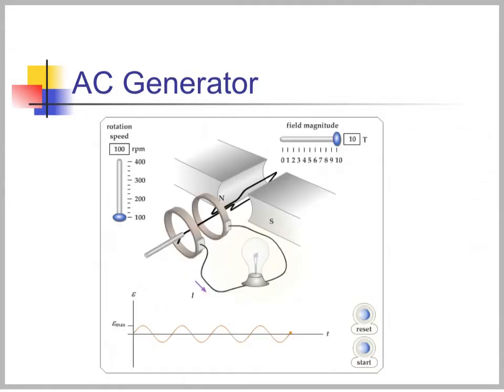So if I had this generator turning around, we have a constant magnetic field through here, but the angle between the plane of the loop and the magnetic field is changing. I get a maximum voltage, and I get this sinusoidal current that comes off and lights up the light.